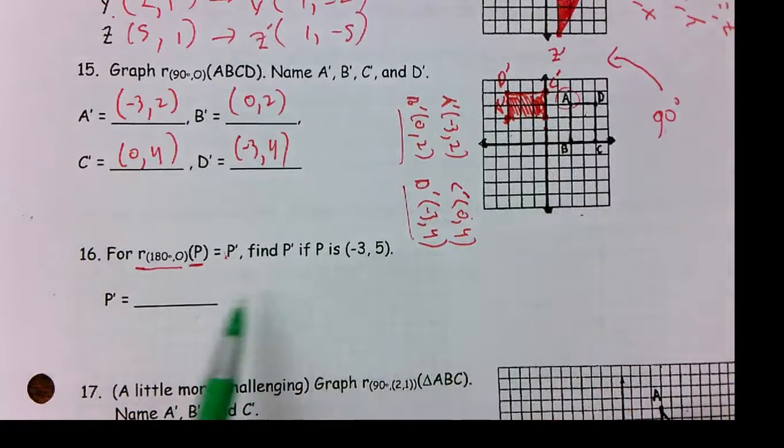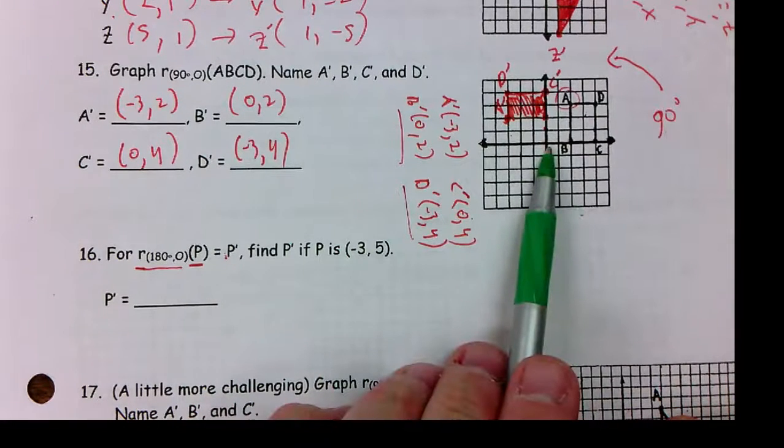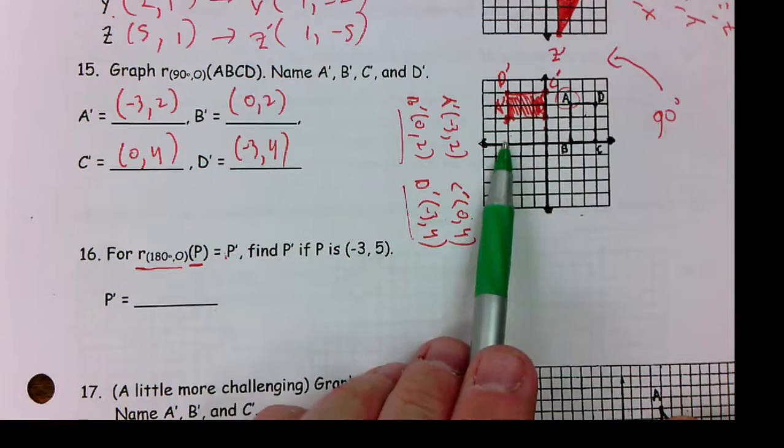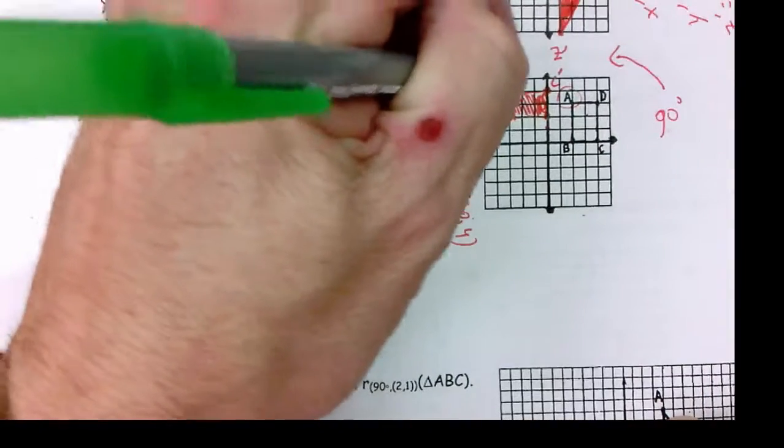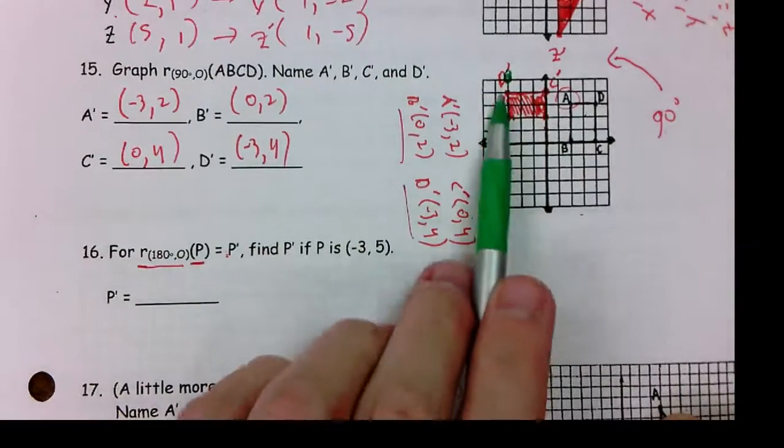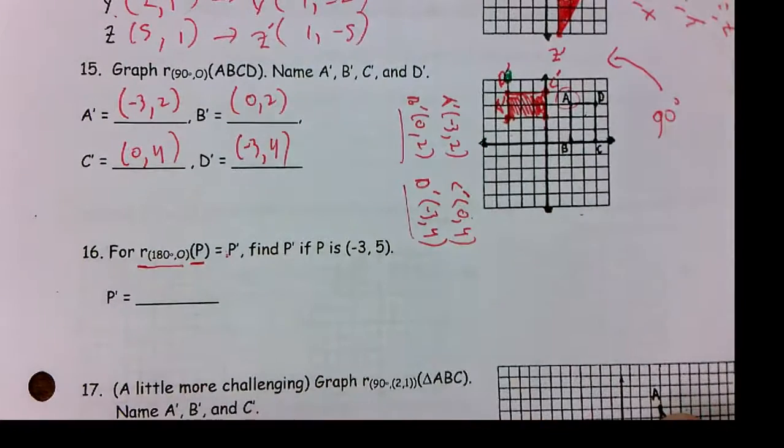And I will say, let's see, -3, 5. 1, 2, 3, 1, 2, 3, 4, 5. -3, 5 is right here, right? Green point right here. So I want to do a 180-degree rotation and figure out where P prime would be.